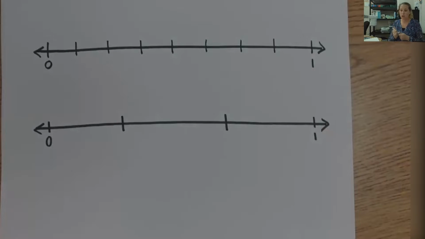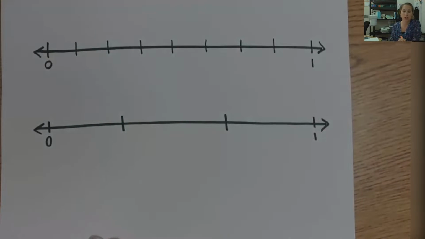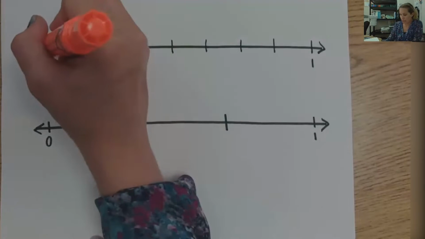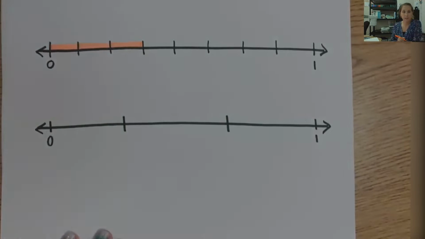Fabulous. Now starting at 0, I want you to represent 3/8 on your number line. Did you shade in from 0 to 3? Now I want you to start from 0 and I want you to model 1/3.